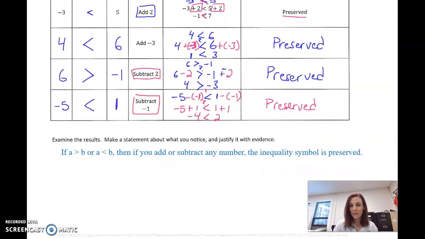Okay. If A is greater than B or A is less than B, and we've done them both.